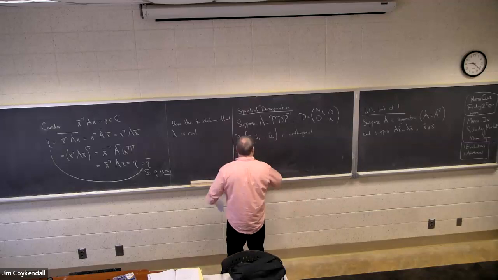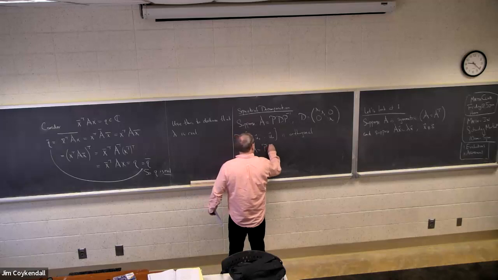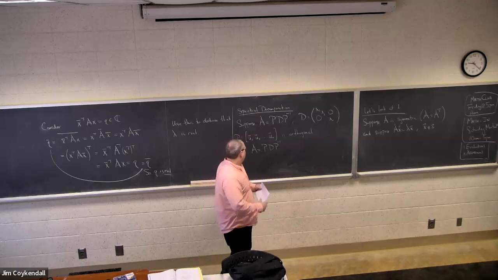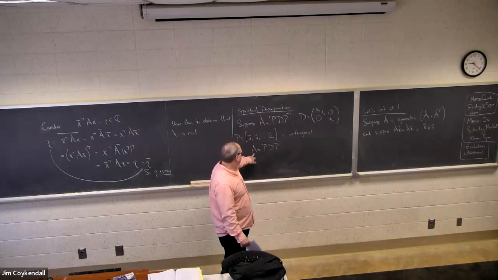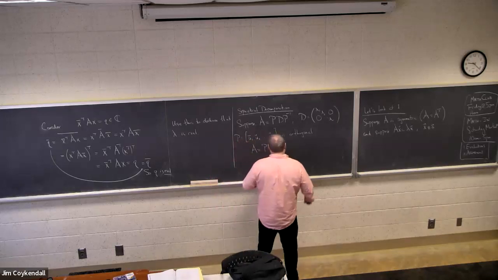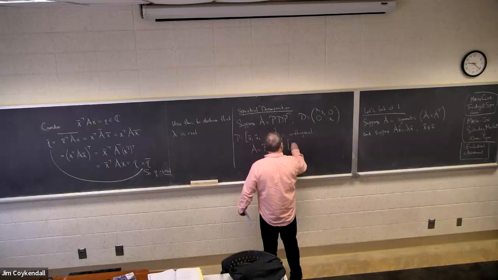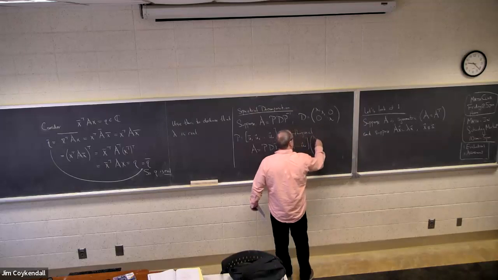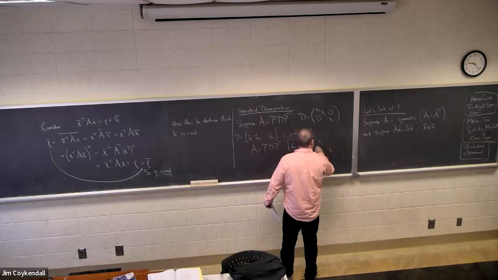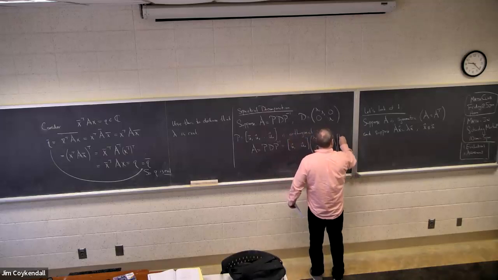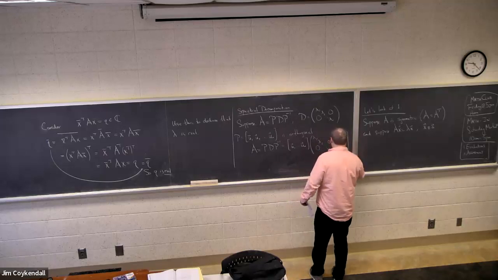So let me write this down here. So you have A is P D P inverse. A is a matrix that is orthogonally diagonalizable, so it's symmetric. This is U1 through UN, then comes this crazy diagonal matrix, times the matrix U1 transpose, U2 transpose, UN transpose.